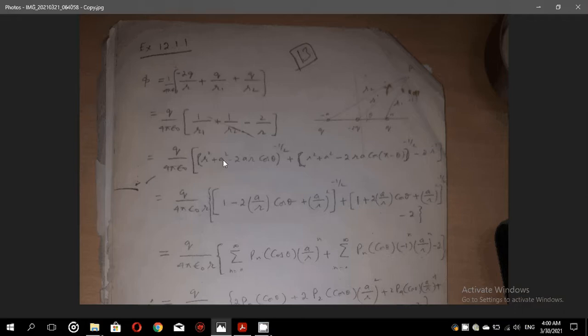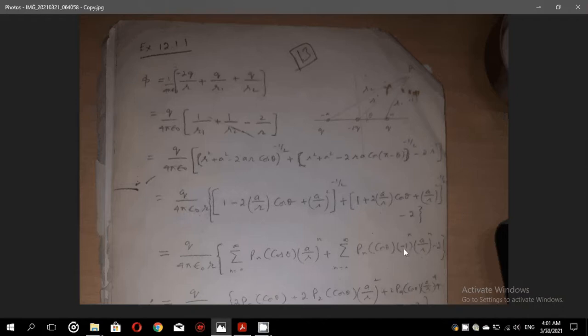Now applying the generating function for the Legendre polynomials, we get the first bracket as sigma Pn cos theta (a over r) to the power n, and the second bracket as sigma Pn cos theta times minus 1 to the power n, (a over r) to the power n.